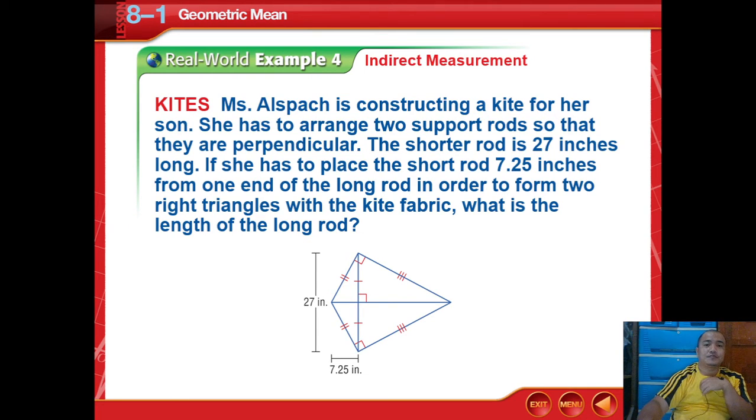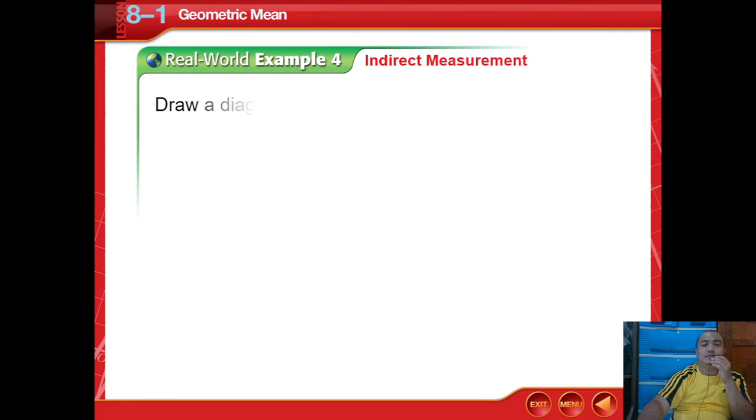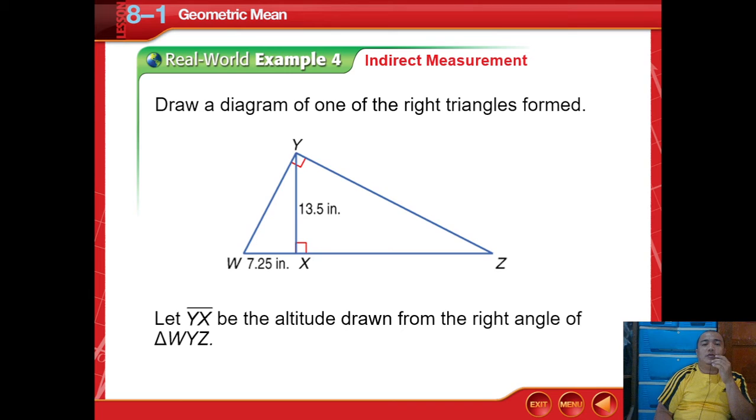The feature involved is a kite. So let's try to draw a diagram of one of the right triangles formed. YX is 13.5 inches, WX is 7.25 inches.